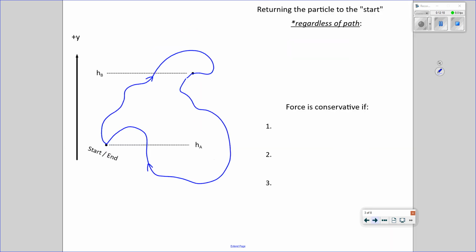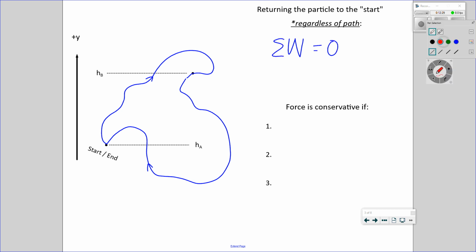The system has a change in potential energy going from start to end, and an equal and opposite change in potential energy going from end to start. So regardless of path, the net work around a closed loop, closed path, is zero.